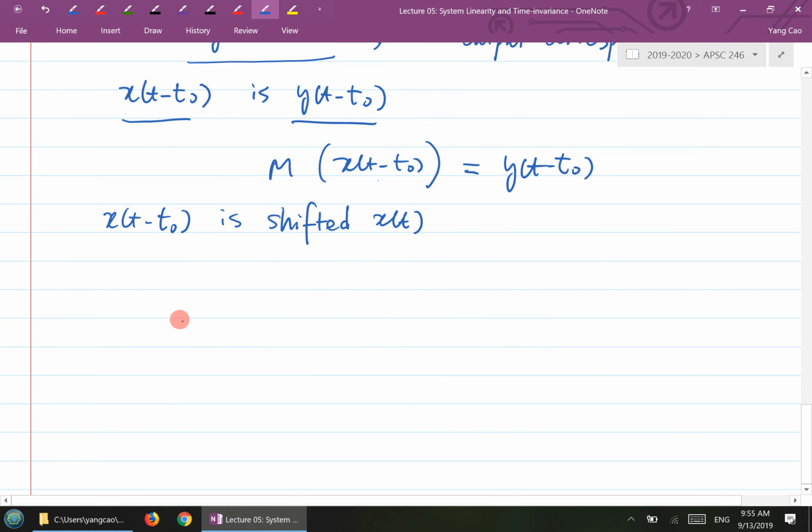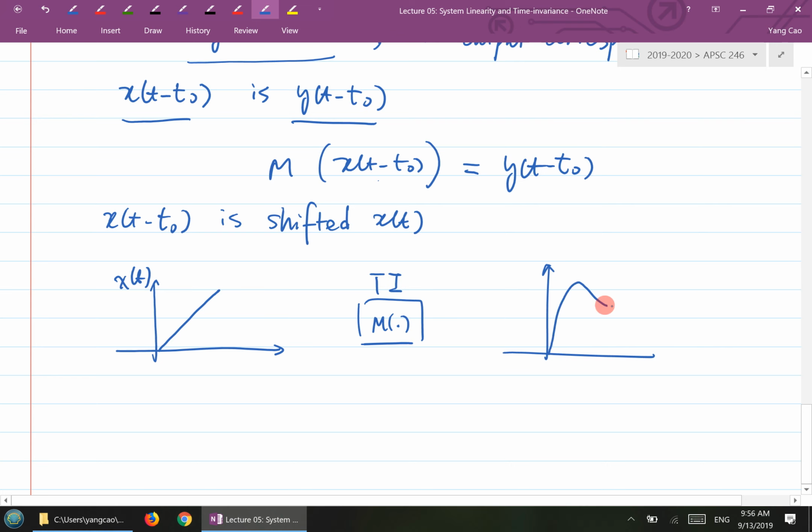Graphically, here's more or less what it means. Let's say you have a very simple input, maybe a line, and you give it to the system, and the system is a time-invariant system. I don't know what the output is, but assume the output is this.